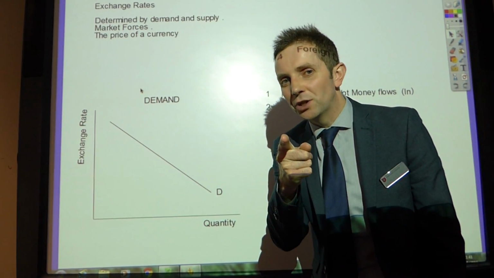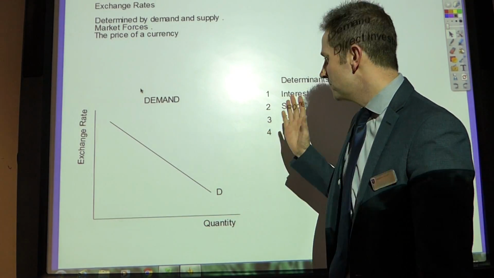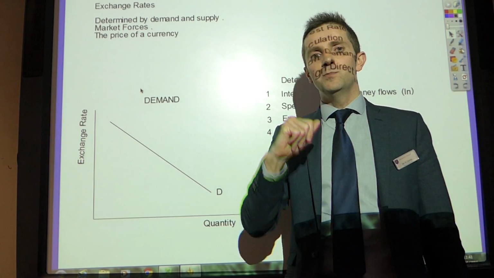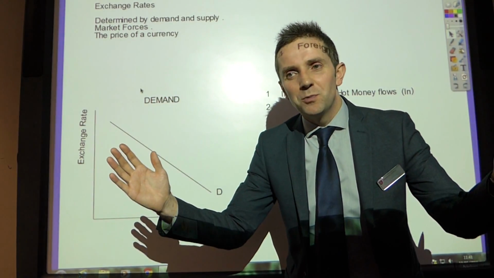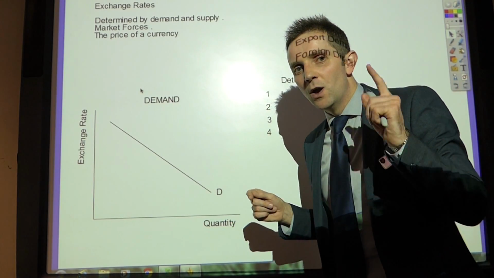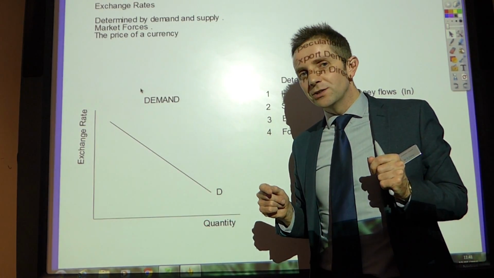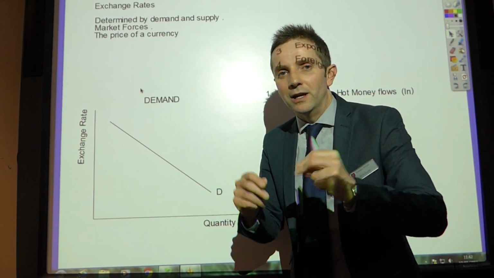But let's use our imaginations. Let's say that the base rate of interest in the UK went up from 0.5 to 10%. All around the world, investors would be looking to the UK and thinking, we want to put our money into UK sterling because it is going to yield us a much higher rate of interest.